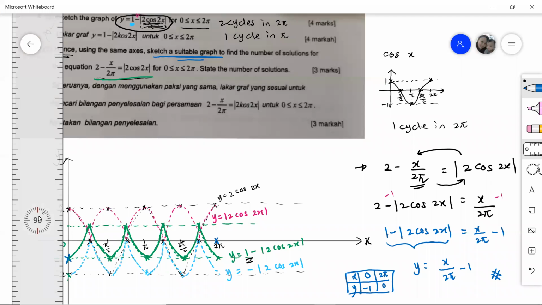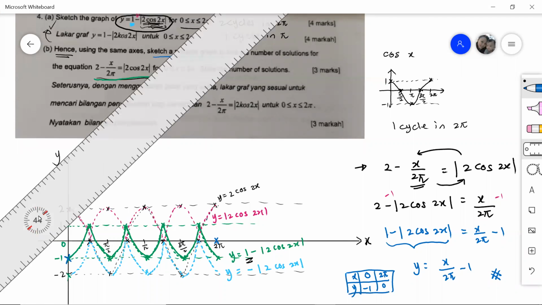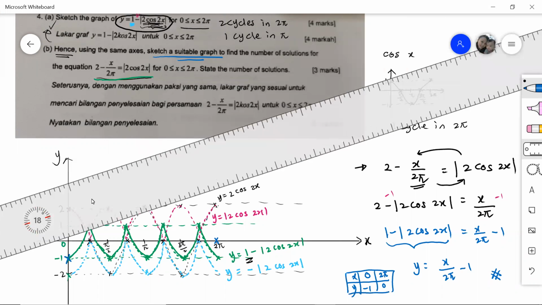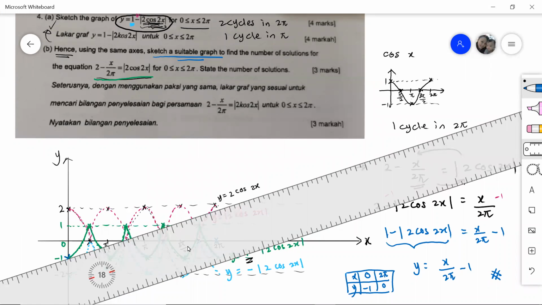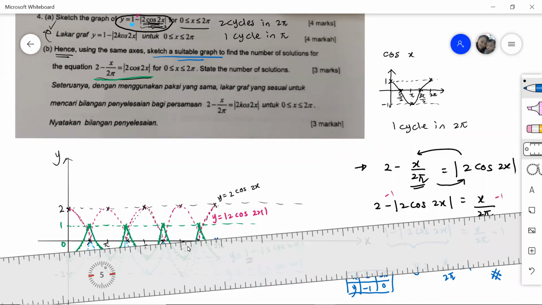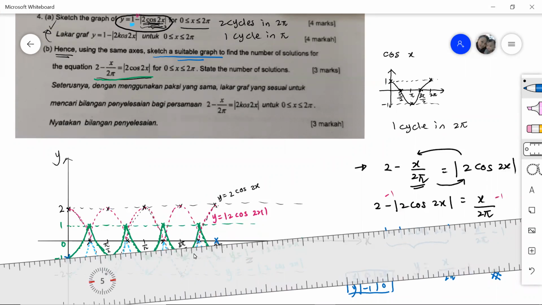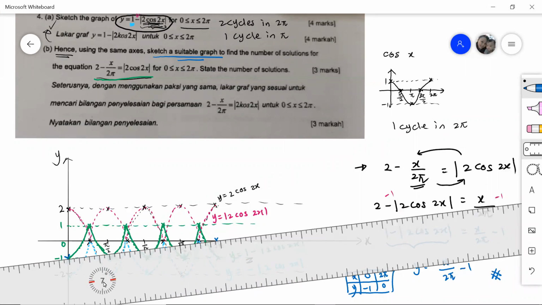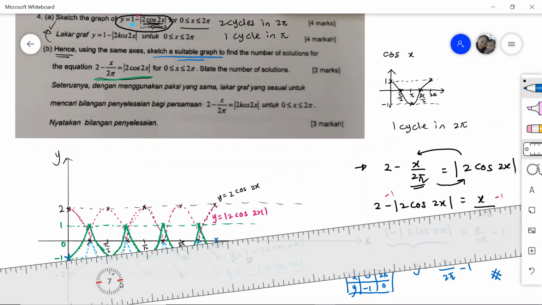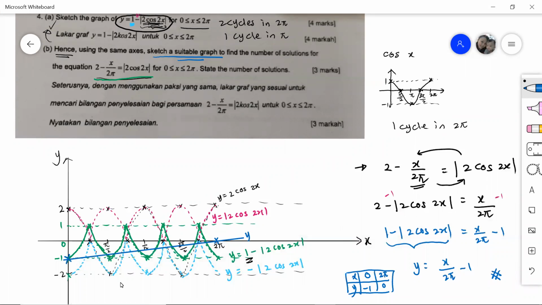I don't quite like to use the ruler because it slows me down, but anyway, I have to, otherwise I'm not able to draw a very straight line. Let me draw this, and label it y equals x over 2 pi minus 1.